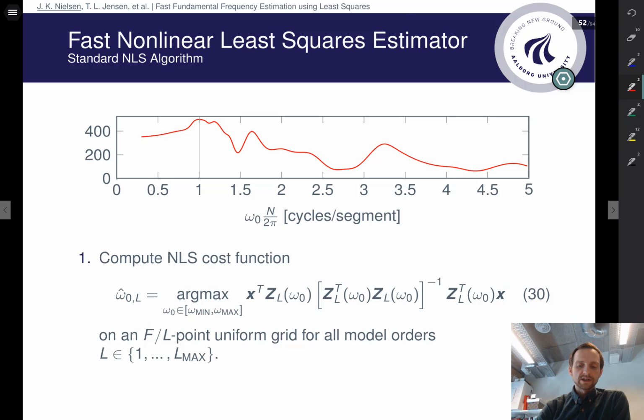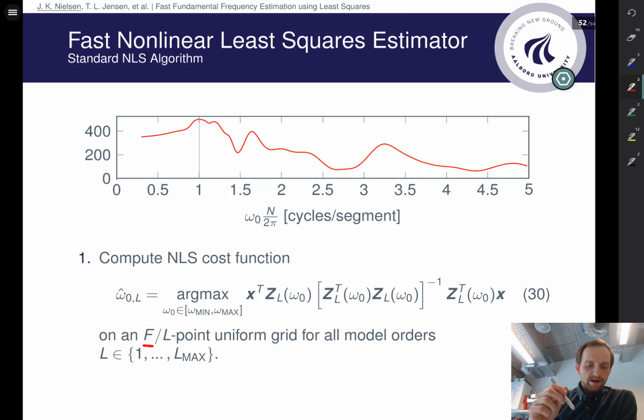This is non-convex, as you can see in the figure up here, so you have to evaluate it on a grid. We have to do this for all candidate fundamental frequencies. Assume that we don't know the fundamental frequency, but we know that it is below L max. Then we have to find an estimate of the fundamental frequency on this F point grid.